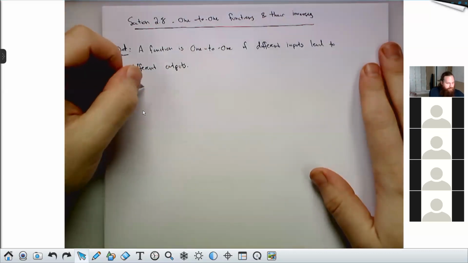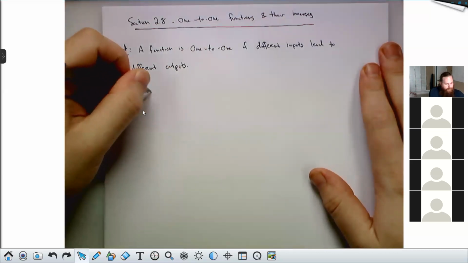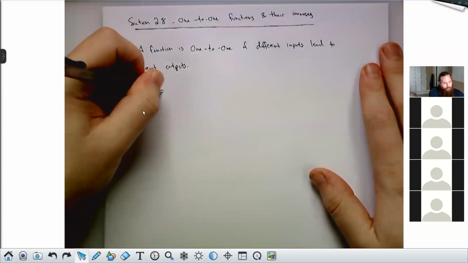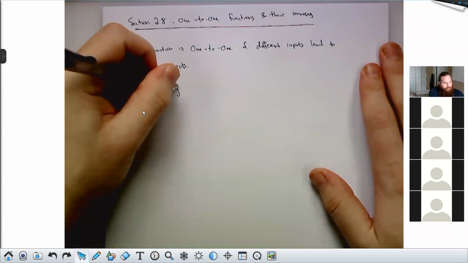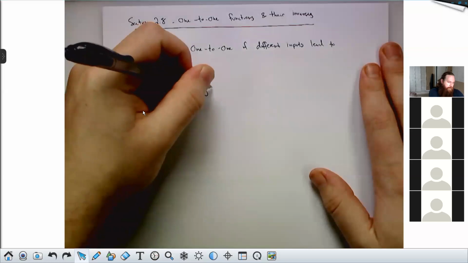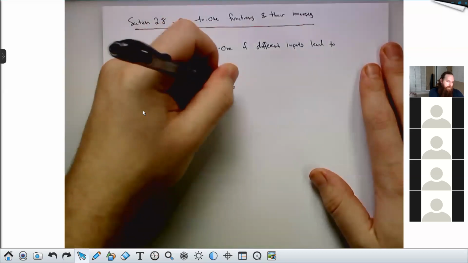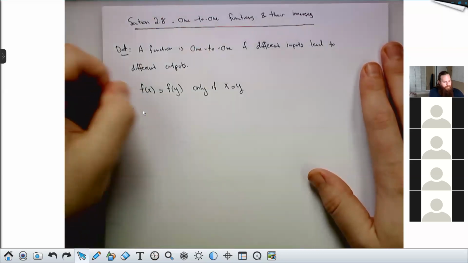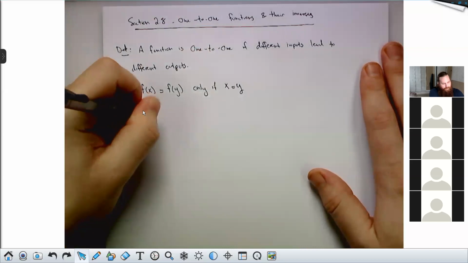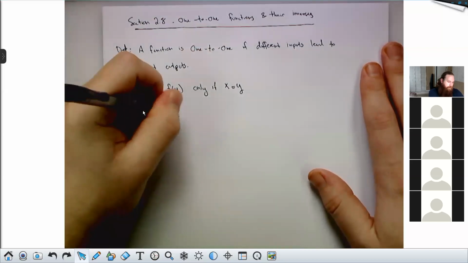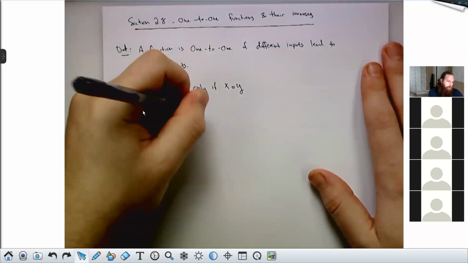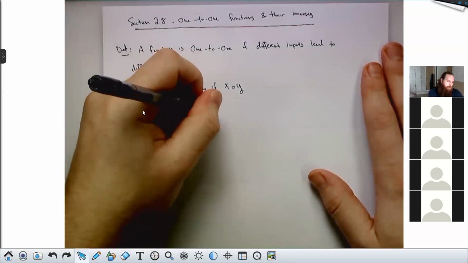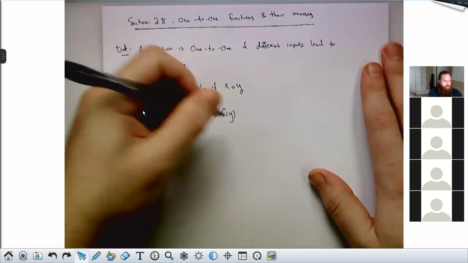Algebraically, the way we say this is that f of x is equal to f of y only if x is equal to y. Or another way is to say that if x is not equal to y, then f of x is not equal to f of y.